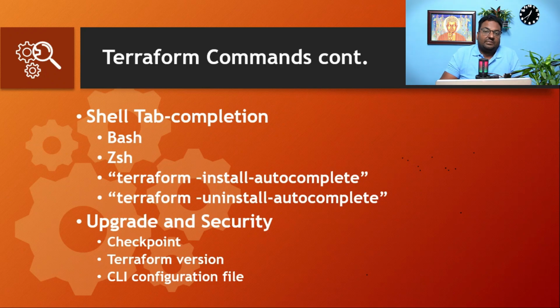If you want to make something autocomplete, you can do it. So Terraform offers you that feature also. However, you have to install the feature by issuing a terraform command, and you need to execute some commands to get autocomplete.